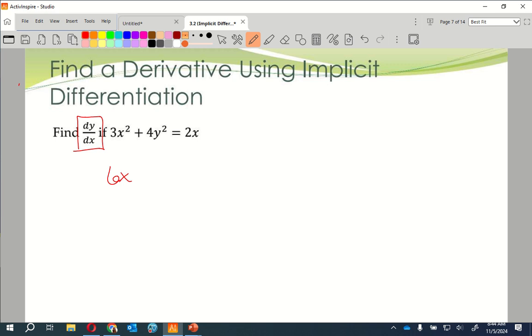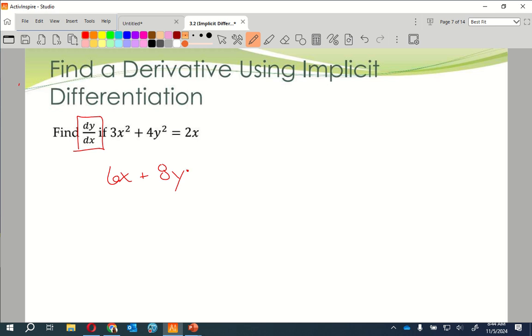Now we're going to take the derivative of the 4y squared, which is going to give me 8y, but because I'm taking the derivative of something that's not there, it's not what I said to do in the first place, I'm going to add that dy/dx.